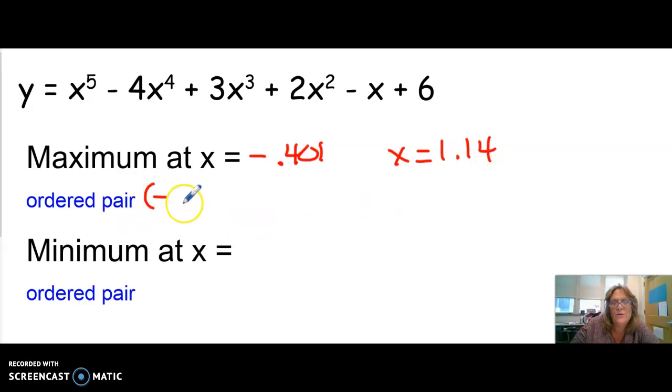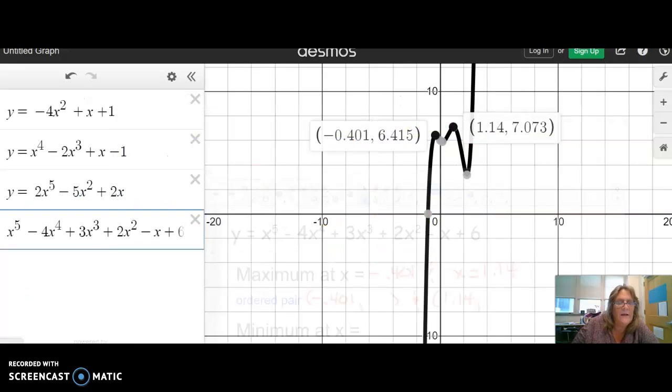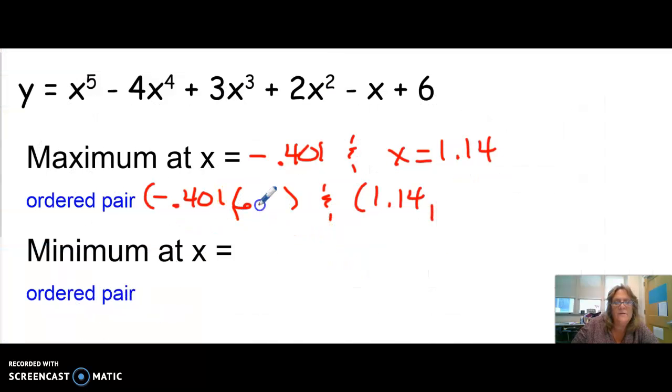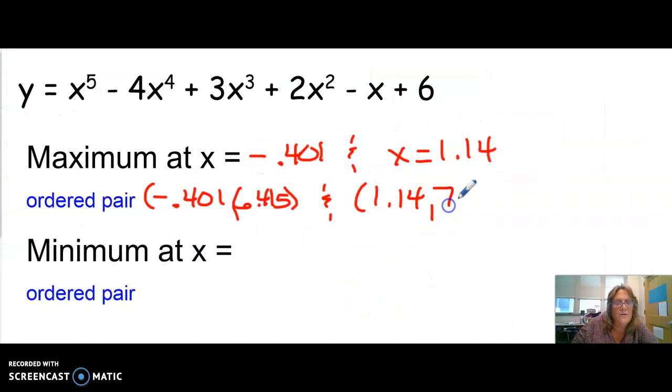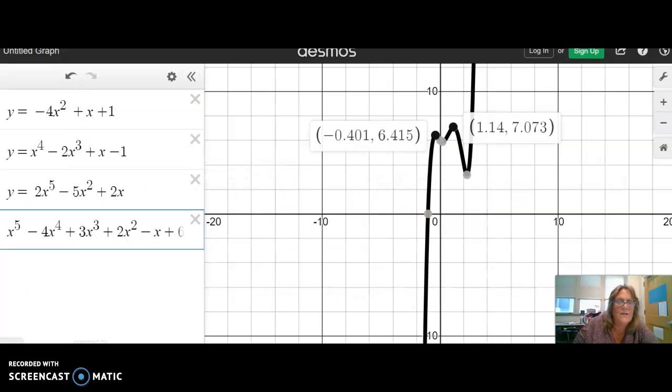We have two ordered pairs that we have to write for this one. I'm just putting my x values in because I already know those. One has y value 6.415, and the other one has y value 7.073. So those are my relative maximums.